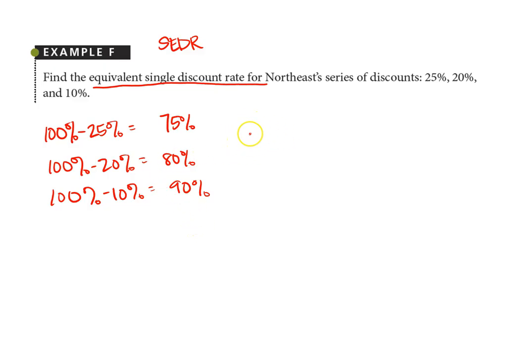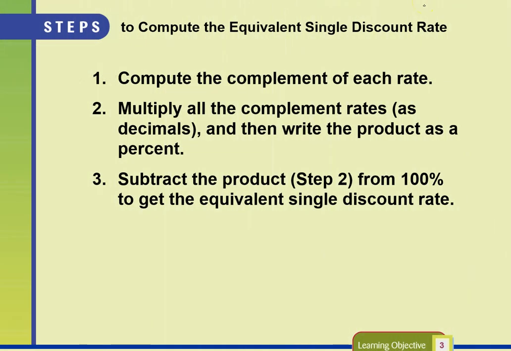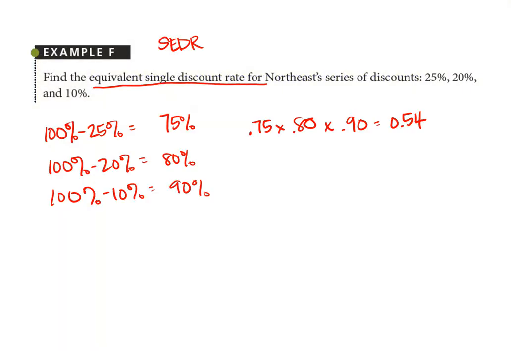In this case, I am going to convert these into decimals. So 0.75 times 0.85, times 0.8 times 0.9. This is going to give me 0.54. But recall from the previous slide that for step 2, we're going to write that product as a percent. So 0.54 is equivalent to 54%.